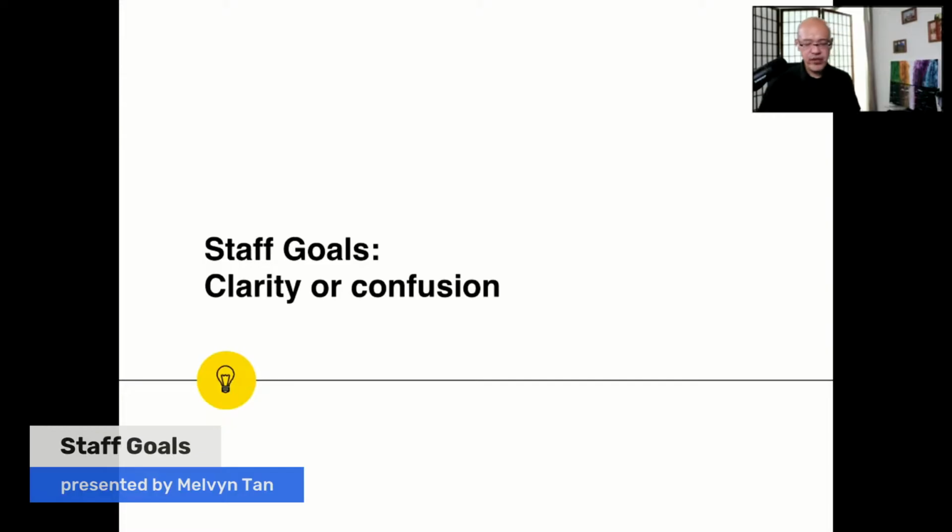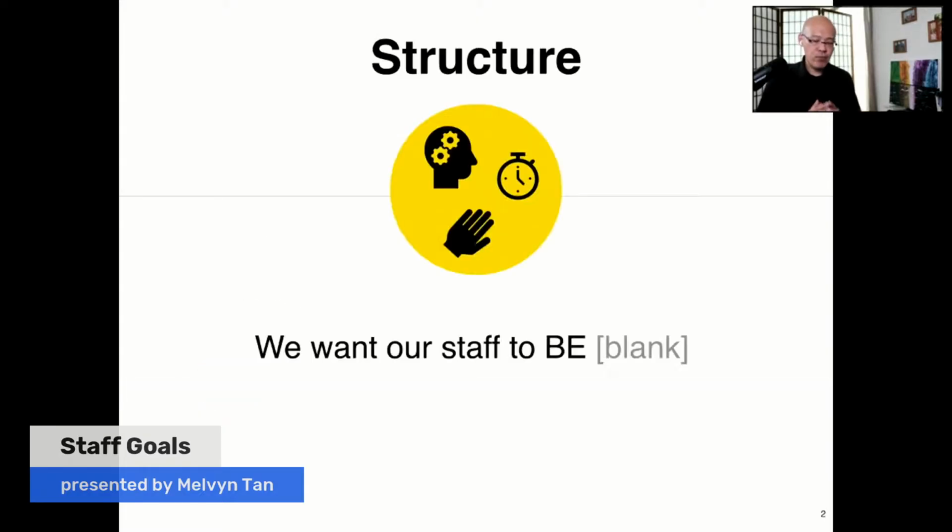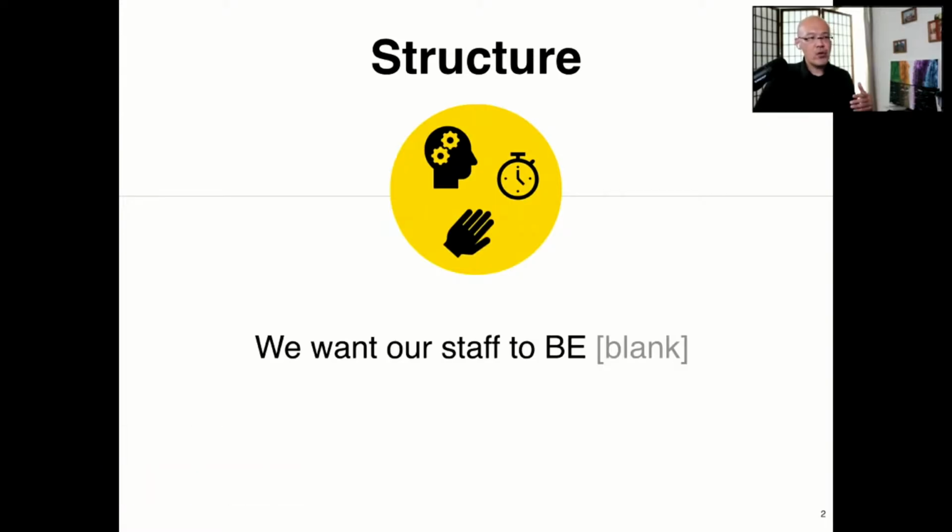First things first, I'd like you to think of it as a structure. The statement that you really want to complete is this: we want our staff to be blank. You want to ask yourself, what kind of staff must we have?